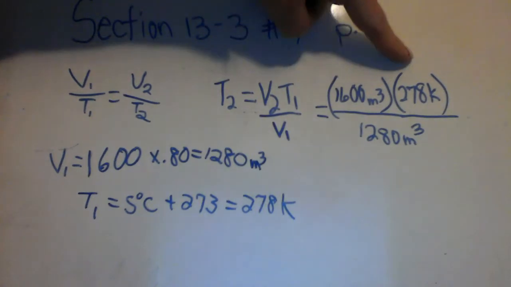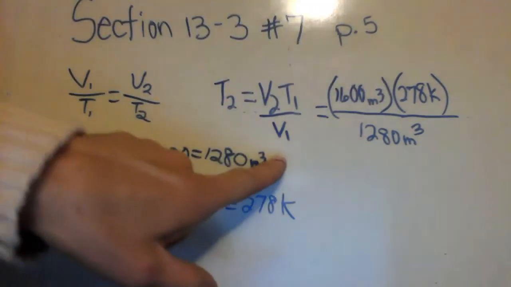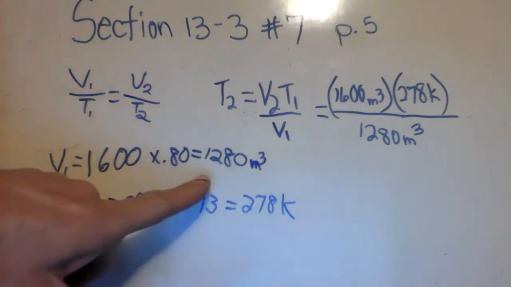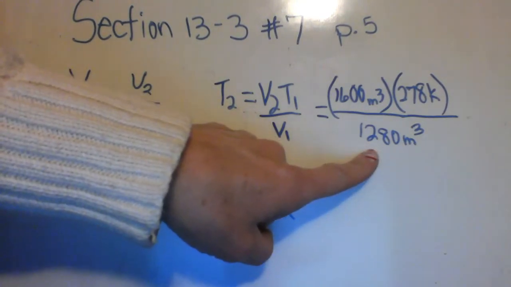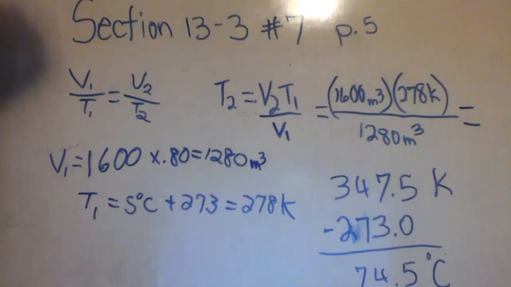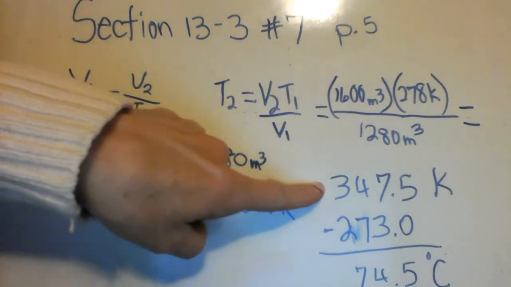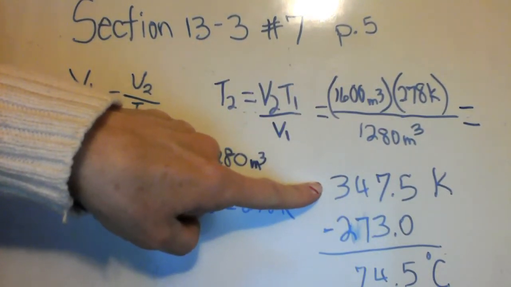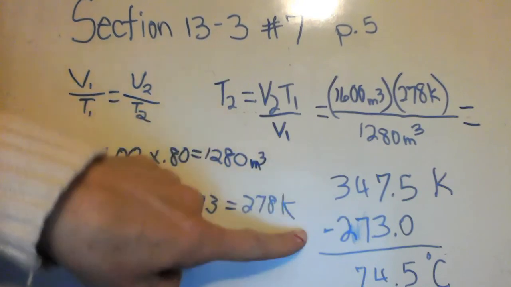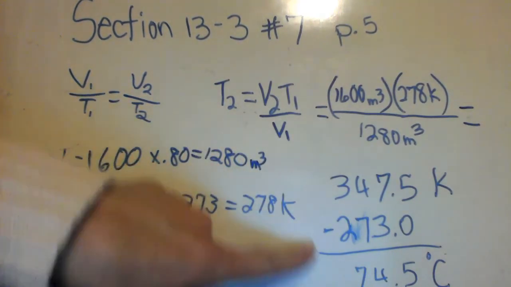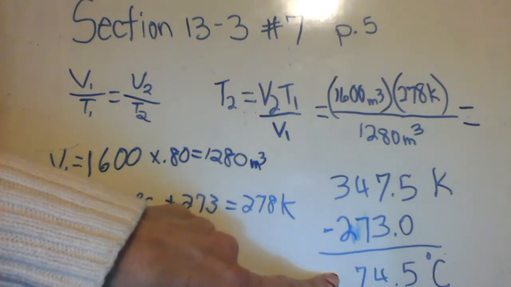The first temperature is 278 kelvins. The first volume is 1280 meters cubed. When we do the math, we get 347.5 Kelvin. Subtract 273, and the answer is 74.5 degrees Celsius.